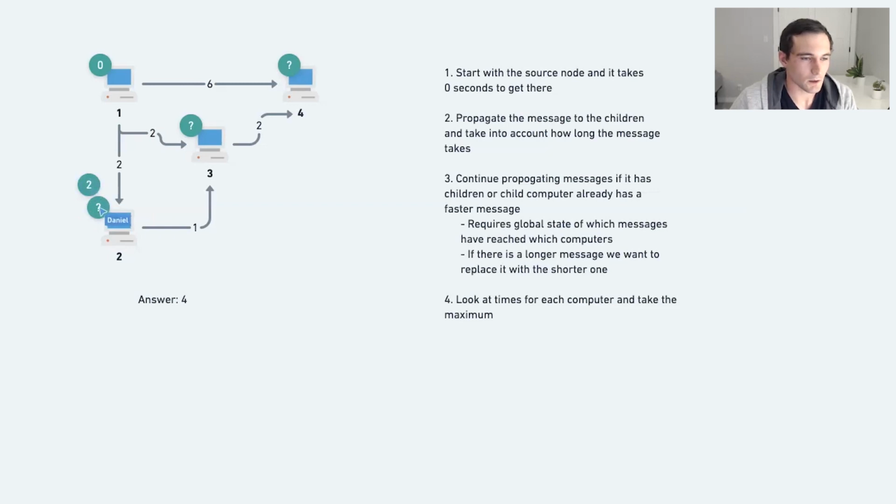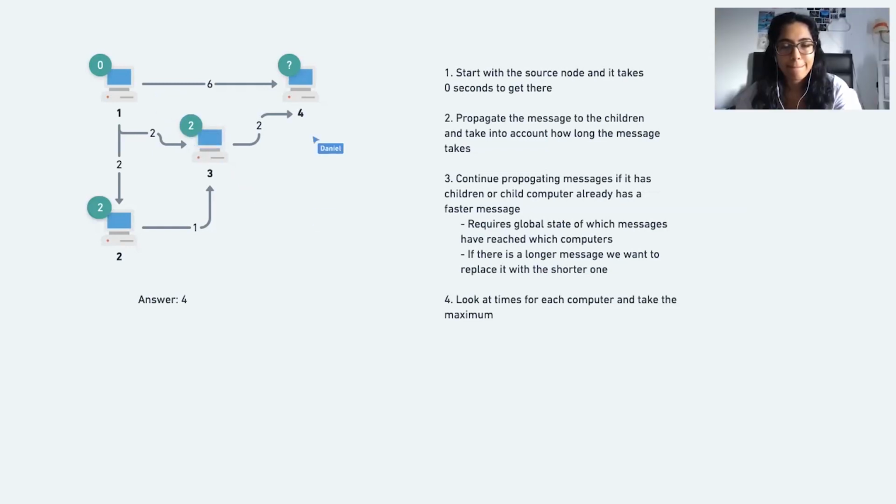And one way that we could do this is, if it hasn't seen a message yet, we can start out by setting these to infinity so that the first message that it sees, it'll always pick that up. It'll always basically overwrite that. And that'll happen with all the other ones as well. So yeah, I'm thinking we can start out with infinity for the rest of them. Okay, I think that makes sense.